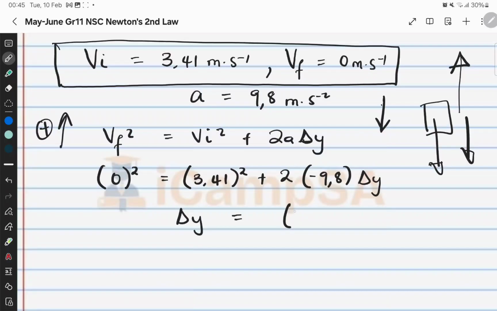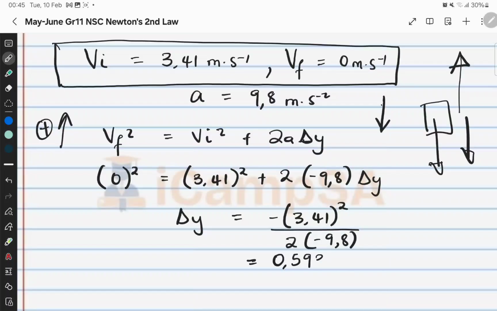You'd have something like minus 3.41 squared, I like substituting everything and solving at the end, divided by 2 times 9.8. This will be 0.59 meters. You can say 0.593 and then round off at your final answer.